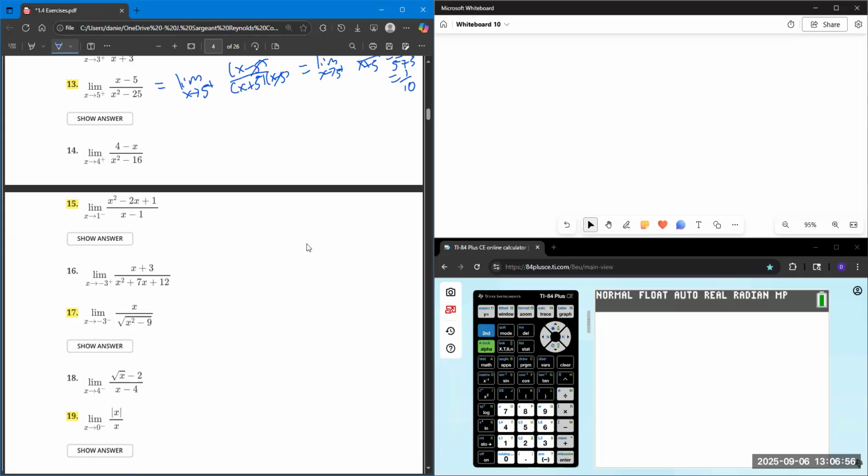One and 1 is 2. So this is the limit as x approaches 1 from the left of x minus 1 times x minus 1 over x minus 1, which is equal to 1 minus 1, which is 0.